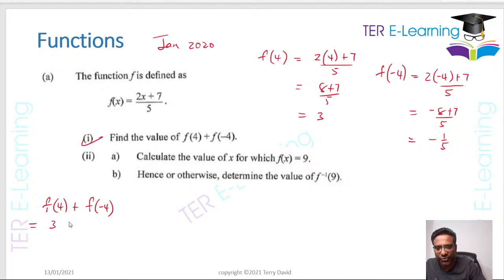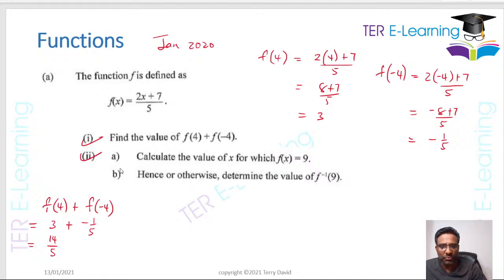So this is 3 plus minus 1 over 5, which is going to give me 2 and 2 over 5. You can leave your answer as 14 over 5 if you want. So this is my answer for part 1.